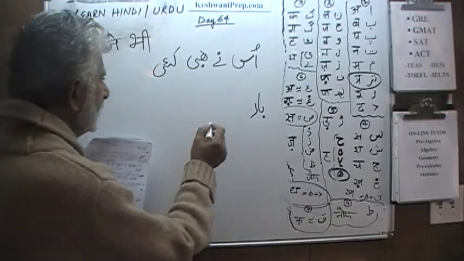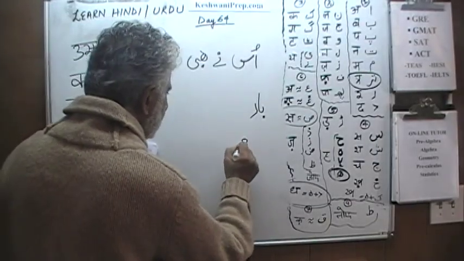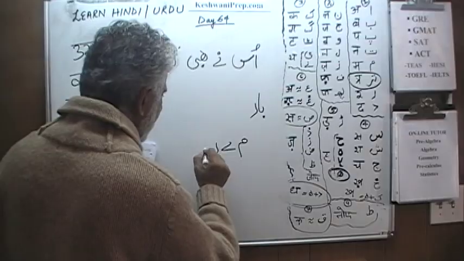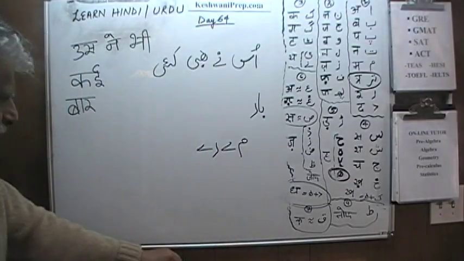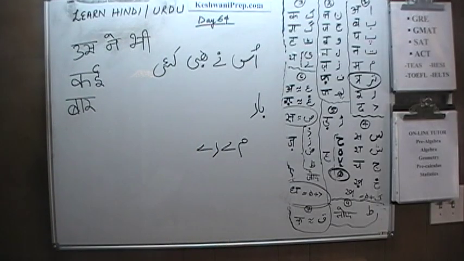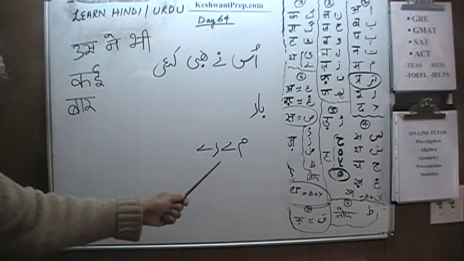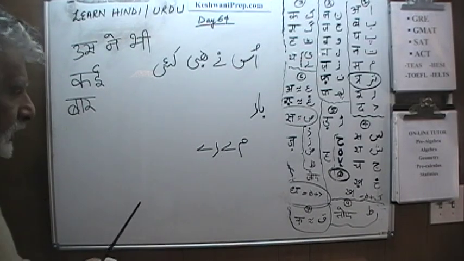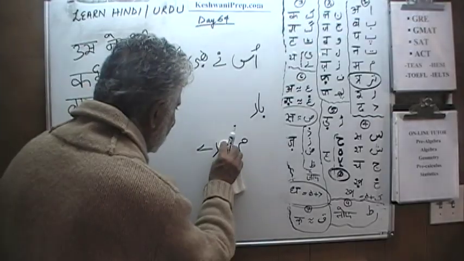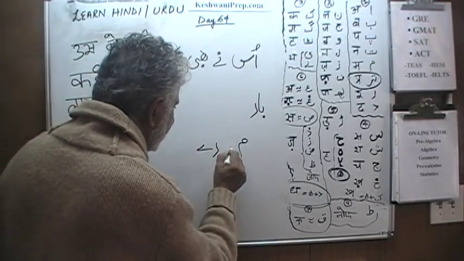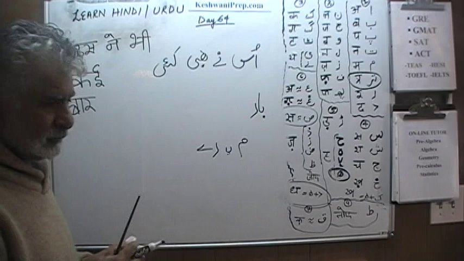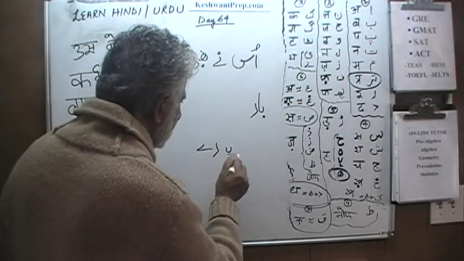मेरे is meme and a ye and a re and a badi ye. They're both एक ही मात्रा, both of them. But because this one appears in the middle of the word, it's not going to take that shape. It's going to take this shape. And meme is going to take this shape.